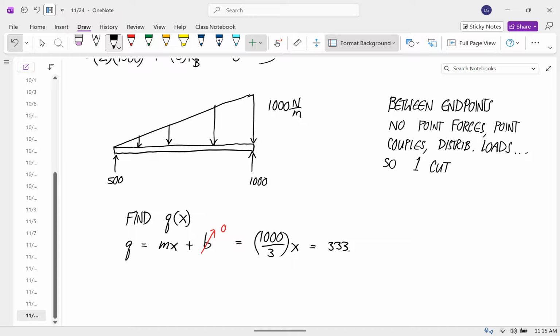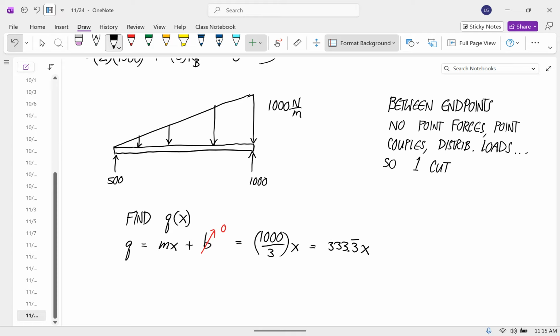So 333.3 repeating x. So for any x value between 0 and 3, if you plug in the x, it'll tell you how high this distributed load is at that point. Okay. If you plug in 1.5, it'll give you 750.